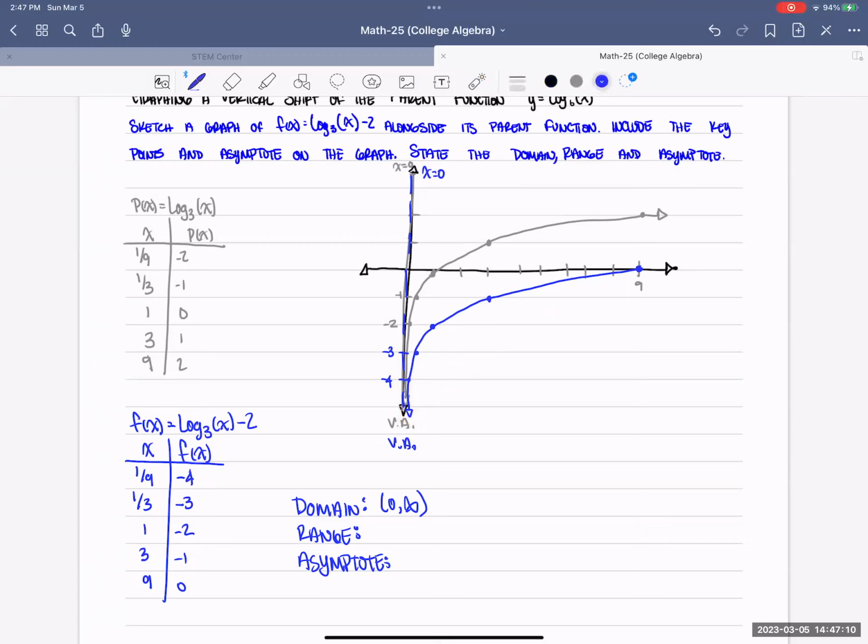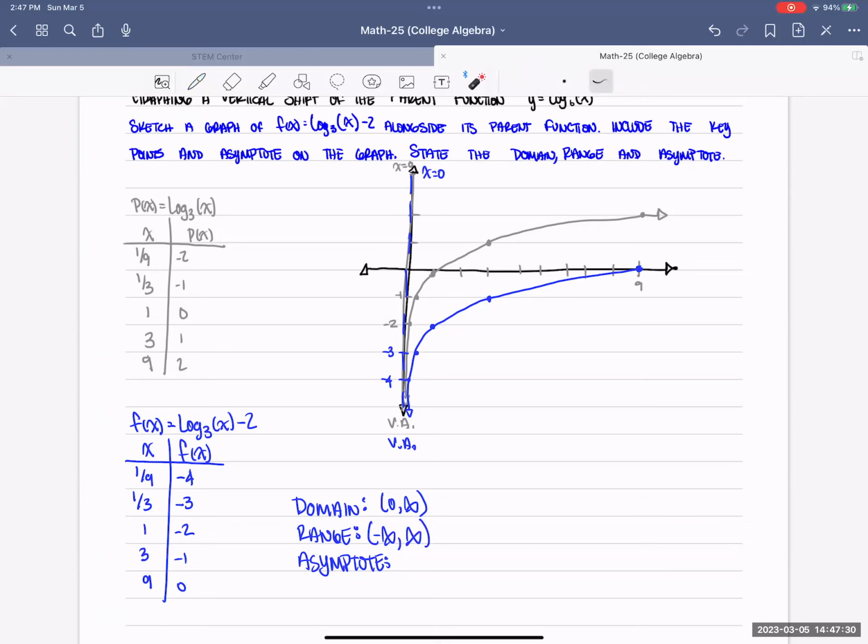So that's where our range starts. And as we move further and further right, even though it's gradually going up, it still goes up logarithmically. So this is still infinity.